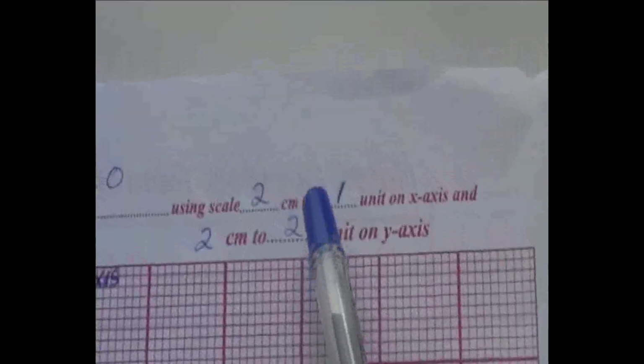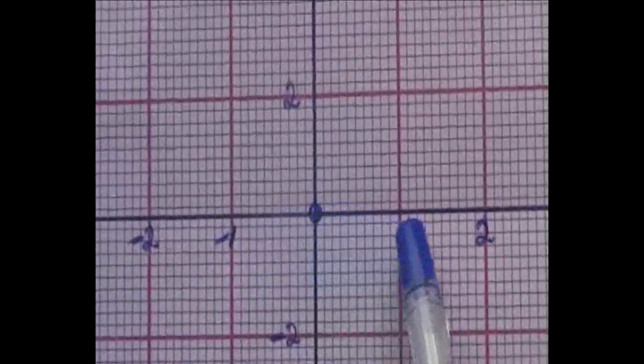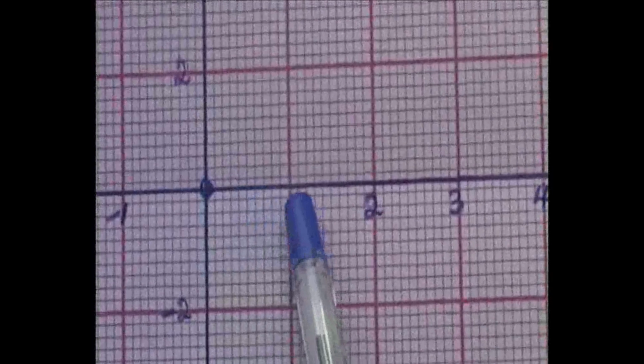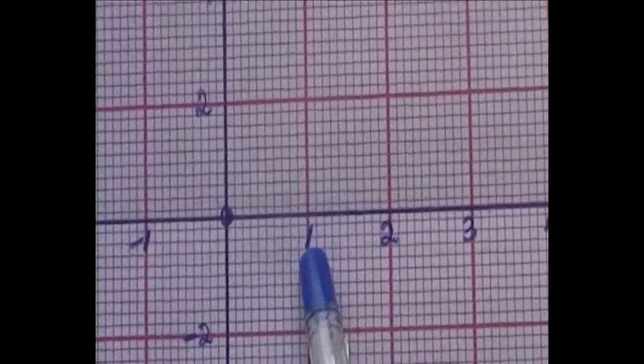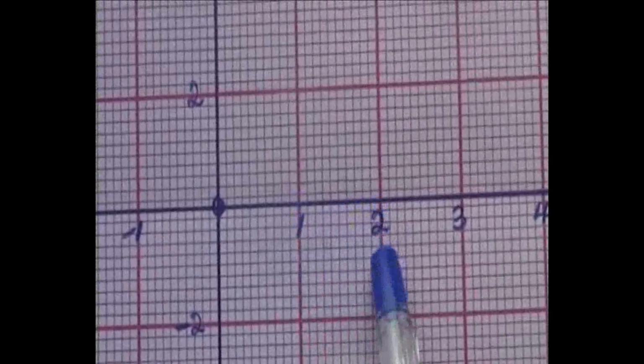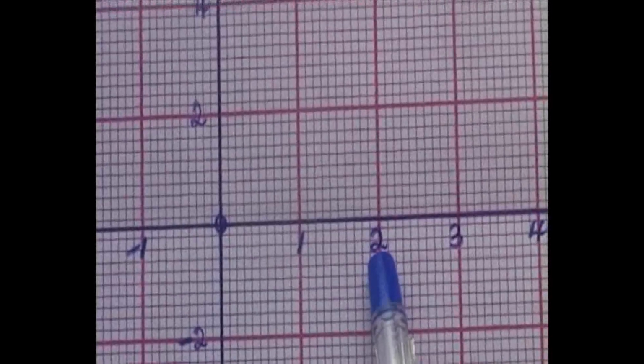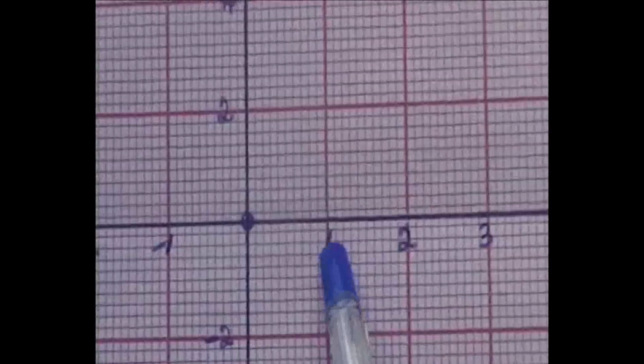The horizontal axis is the x-axis. And based on the scale, 2 cm to 1 unit, that was why you saw in between every 2 cm you have 1 unit. From here to here is 2 cm, and the calibration is 1. From here to here is another 2 cm. You have 2, 3, 4 in that progression until the end. That is what it means by 2 cm represent 1 unit.